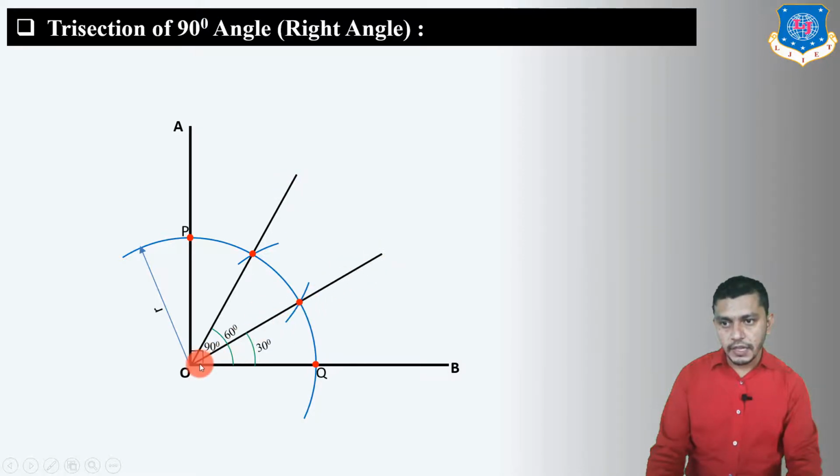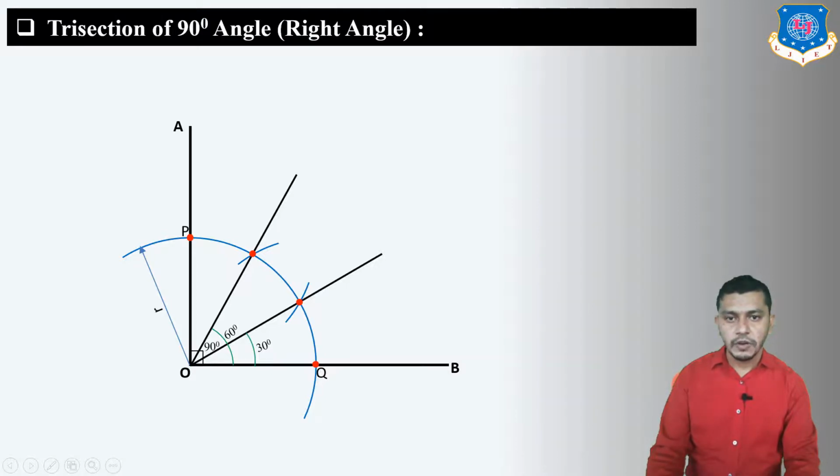Each angle will be equal to 30 degree. If we measure this angle, it will be 30 degree, and this angle, 30 degree, and this angle, 30 degree. This is how we can trisect the 90-degree angle.